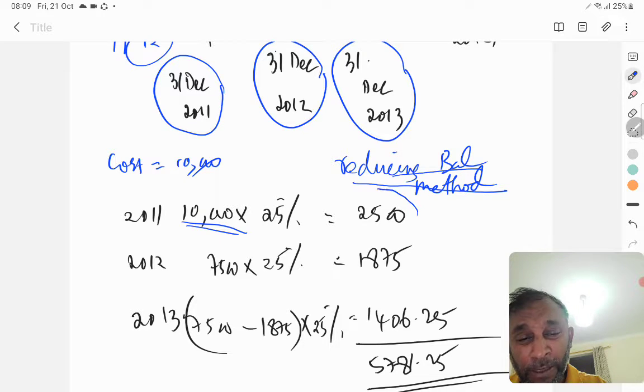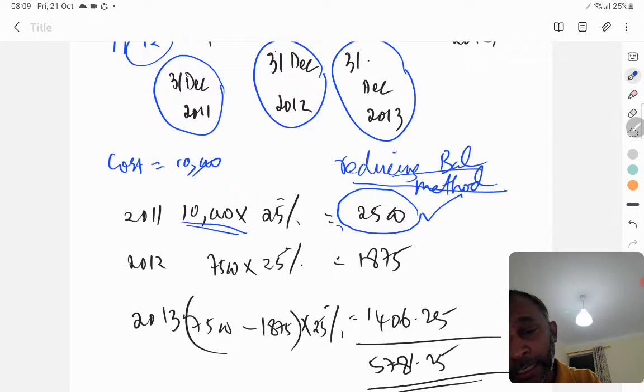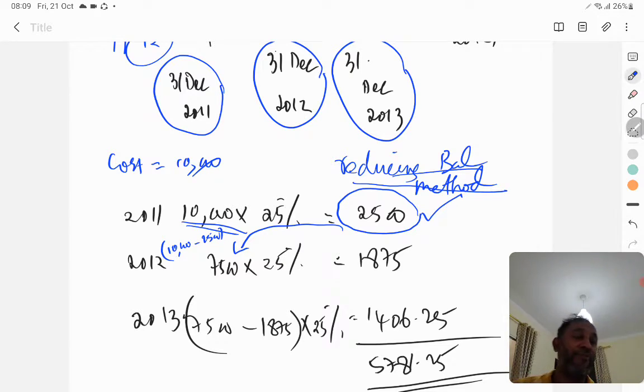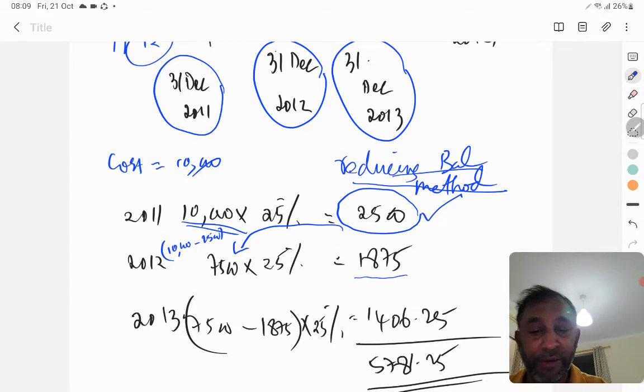Accordingly, for the year 1 depreciation, there is no issue. You simply multiply 10,000 times 25%, and you get 2,500. Then for the second year, how you arrive at this 7,500 is easy: 10,000 minus 2,500 gives 7,500, times 25%, which is 1,875.